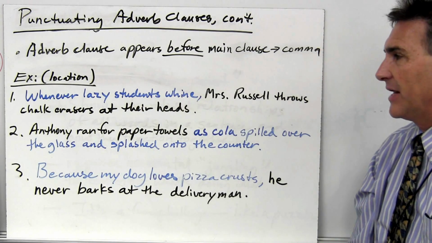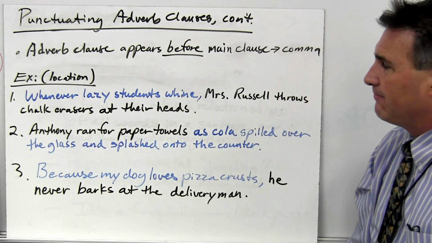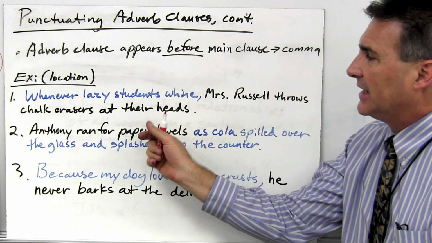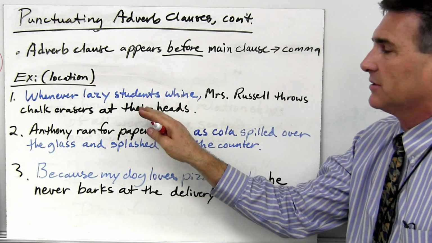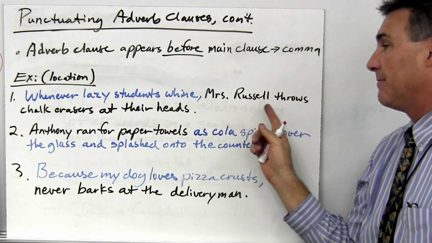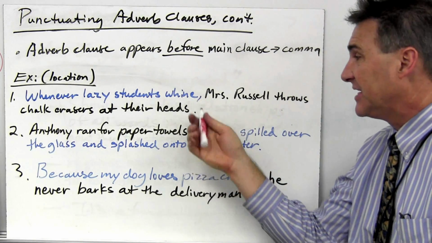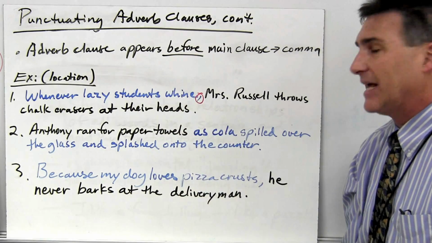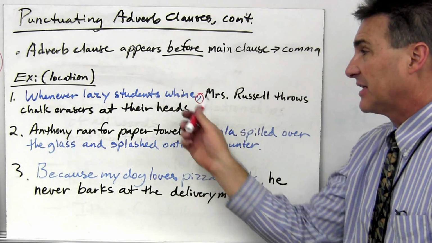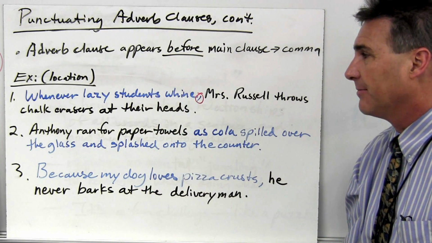And let me start by pointing out that what we have here is because the clause comes before the main independent clause, and a comma is required. And you can see it right there. So that's comment number one. Because it came first, a comma is required.